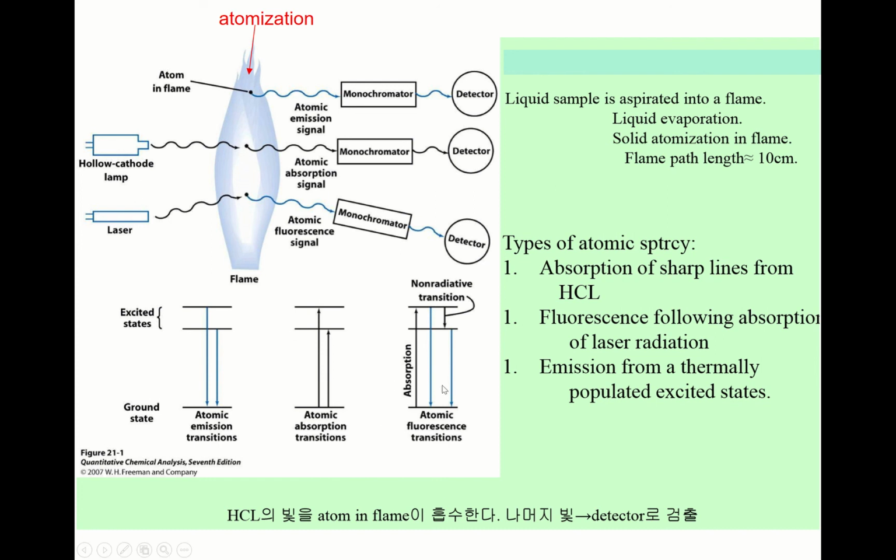In the meantime, in atomic fluorescence the transition to the upper electron state is the same as atomic emission, but now you measure the fluorescence from this state or this state. In that case, you usually need a laser.